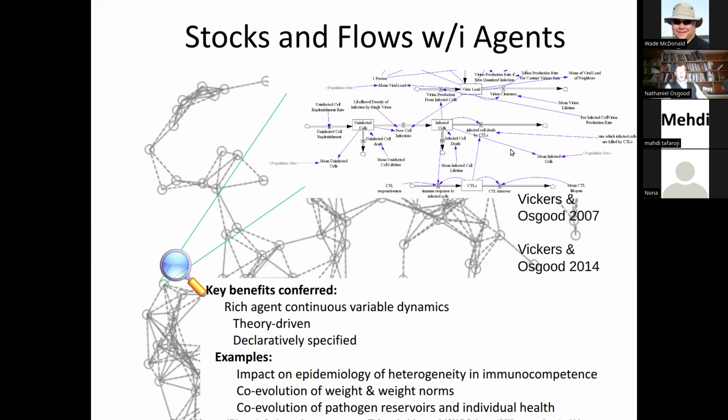When David Vickers and I first published on this in 2007, we conferred the title immunoepi models, and that seems to have stuck in the field. I hear that term from others to this day.